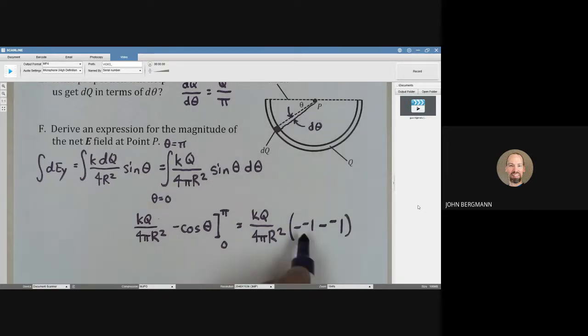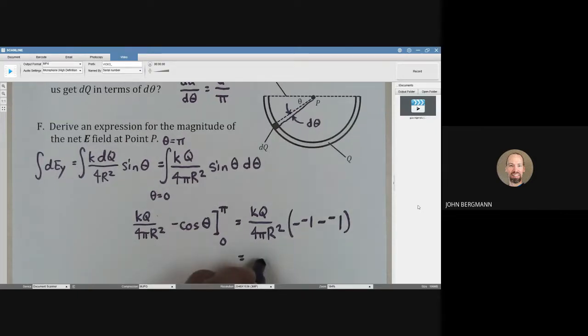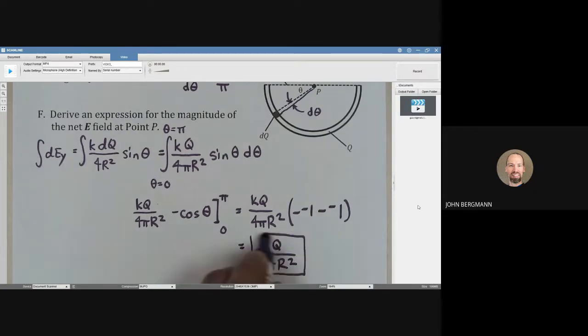That's +1 and +1, that's 2. Which means we need a 2 in the numerator, which I think would cancel kind of like that. And there you go. That's the magnitude of the electric field right at that point in the figure, and that electric field is directed straight up to the top of the page.